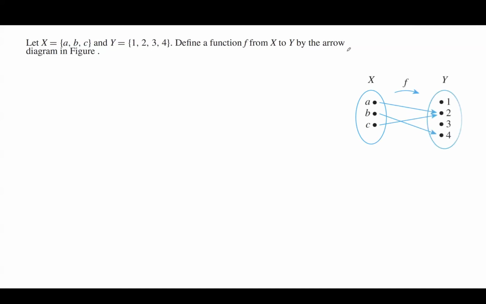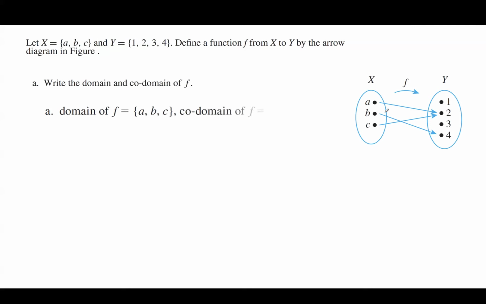Let X be A, B, C, and Y be 1, 2, 3, 4. Define a function f from X to Y by the arrow diagram below. F maps A to 2, B to 4, and C to 2. Question says, write the domain and codomain of this function. Well, obviously, the domain is set X, including A, B, C. Codomain is set Y, 1, 2, 3, 4.